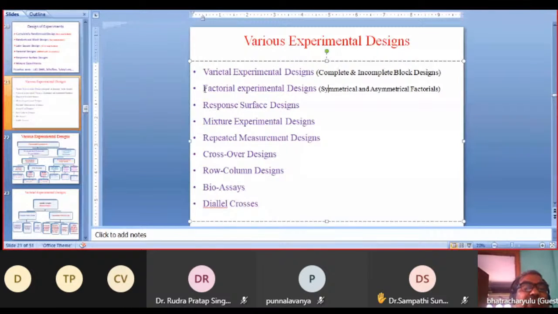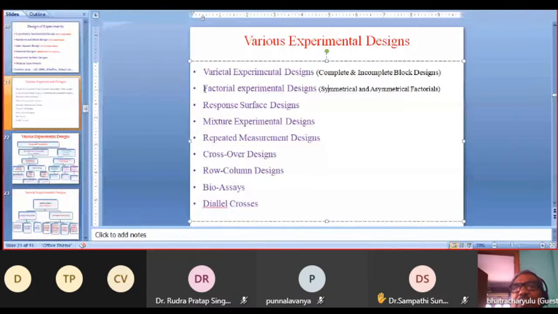Suppose it is a factorial experiment. I am not applying zinc, phosphorus and calcium individually; I am applying them as a combination. A low dosage of zinc with a high dosage of phosphorus, or a medium of phosphorus and another also medium or low level, all others high level.